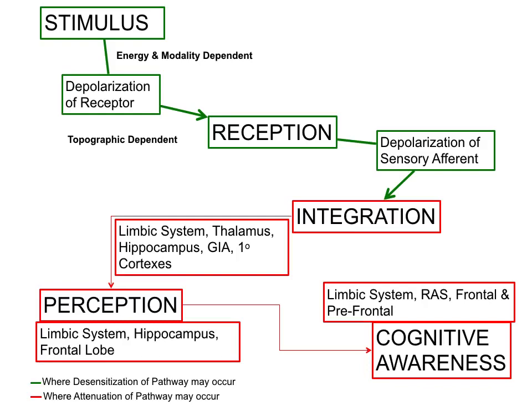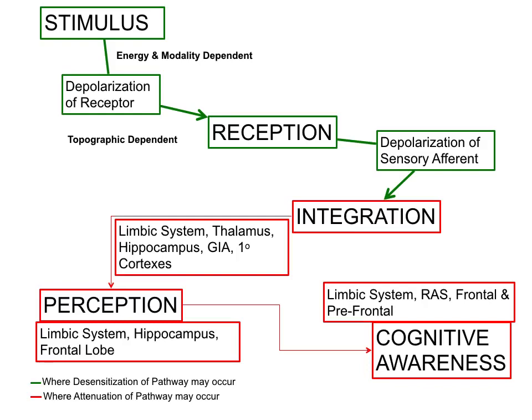The reception is then going to lead to depolarization of the sensory afferent. Now notice all of this is in green. This green is an indication of a pathway that can be desensitized. That is, we stop having the ability to sense the stimulus if there's too much stimulus there at any point of time.